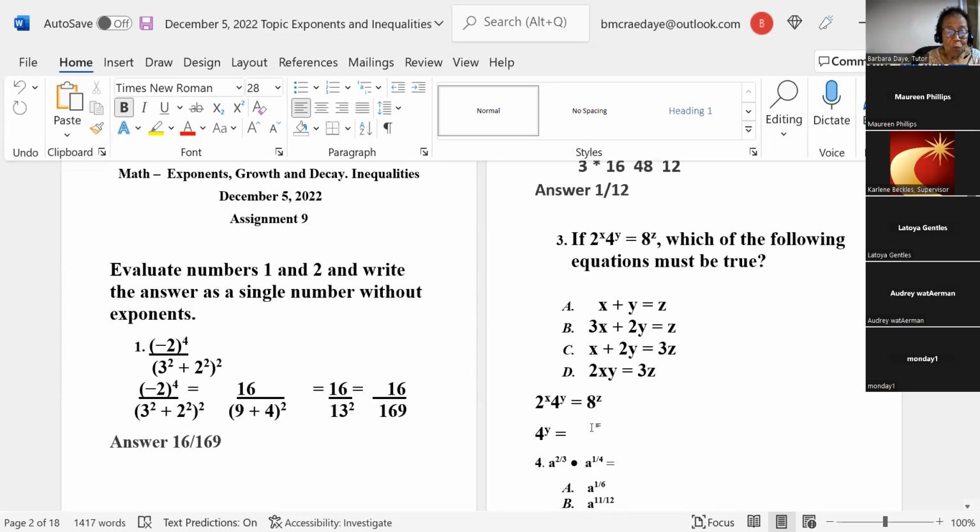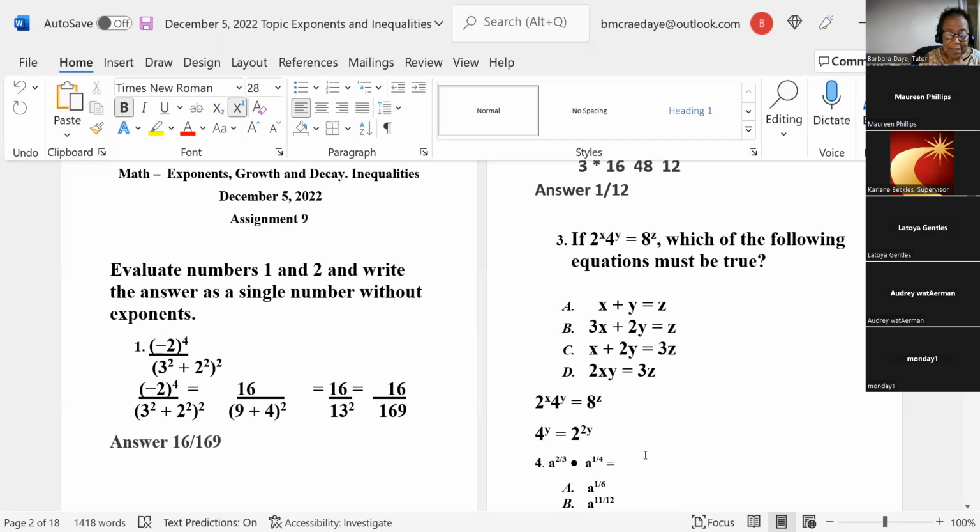So 4 to the y is equal to 2 to the second power to the y, because 4 is 2 times 2. Got it? 2 to the second is 4, and then the y is the exponent. So that would be 2 to the 2y.